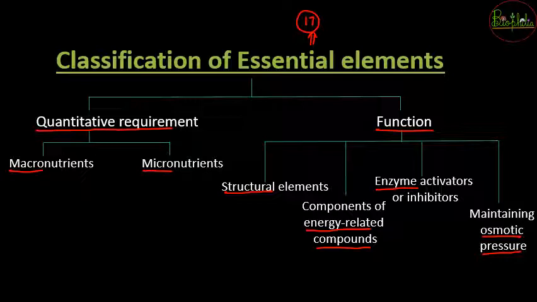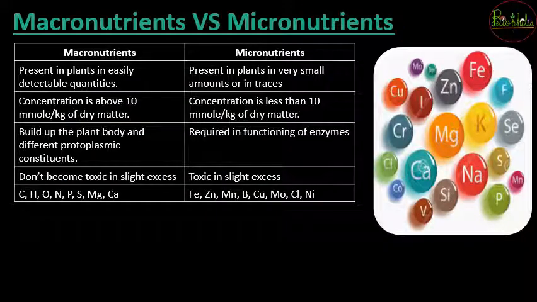So let's see it one by one. First we will start with the quantitative requirement basis, जहाँ पे हम macro and micronutrients को classify करेंगे. So now let's identify the macro and the micronutrients.